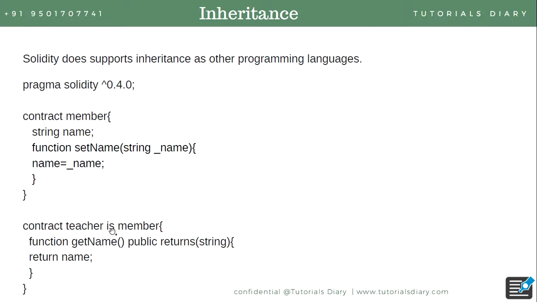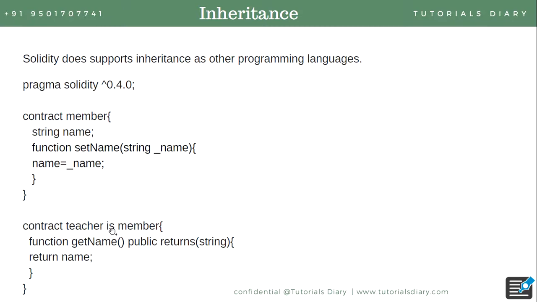This is a very simple example which shows how a contract can inherit another contract. When you inherit a contract inside another contract, all the variables and all the functions defined in the parent contract will be accessible in the child contract as well.